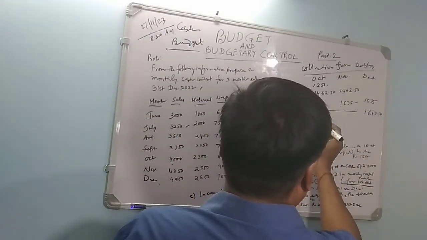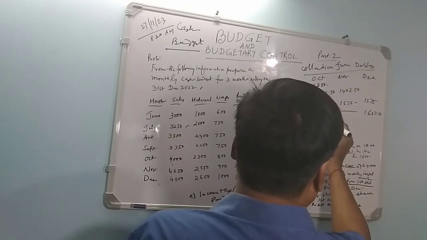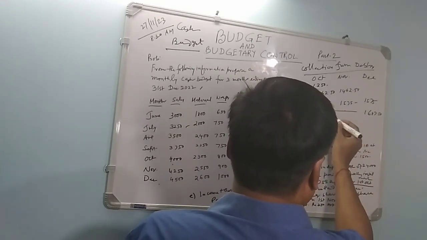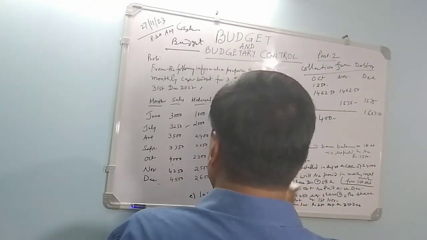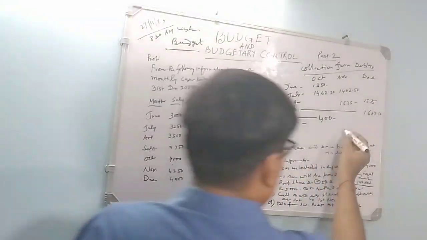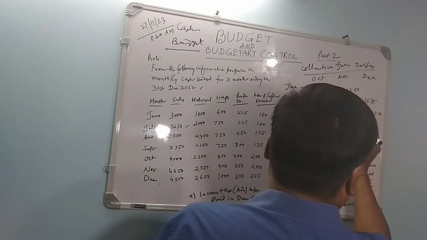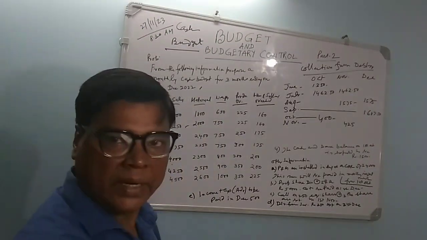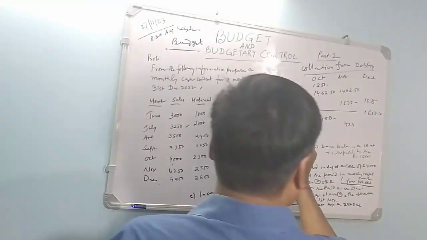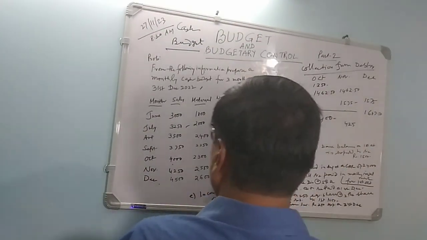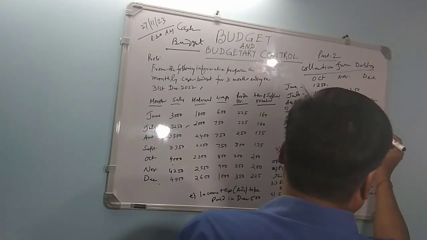October's 10% per month is 400, November is 425, because credit period payment is not there, and December is 450.